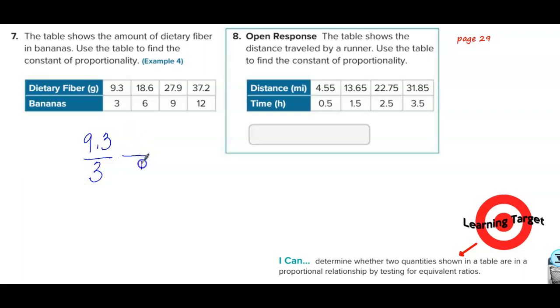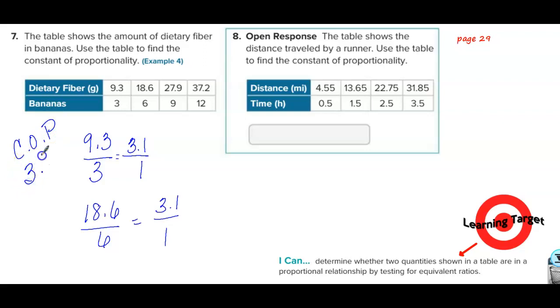Now we want to go to 1. So we would divide this by 3, which would give us 3.1. Okay. Does it work if we do the next one? 18.6 divided by 6. And again, we get 3.1. So the constant of proportionality for this problem is 3.1.